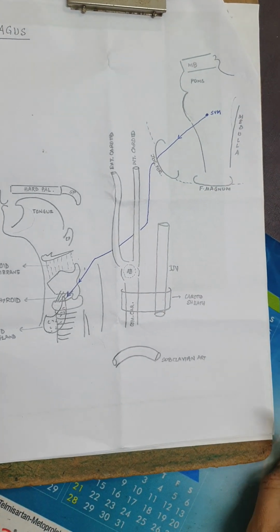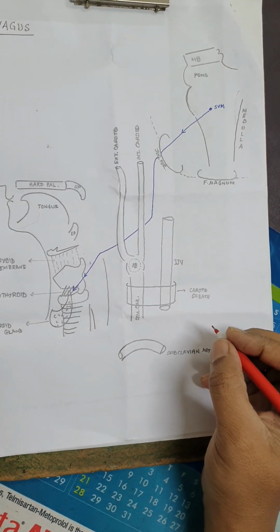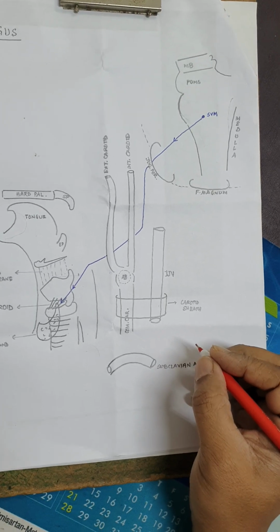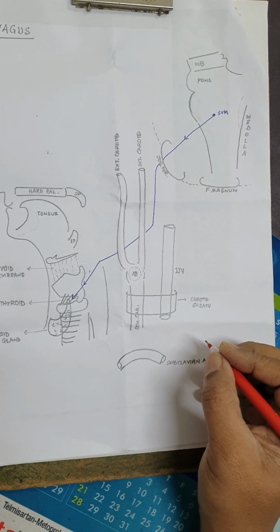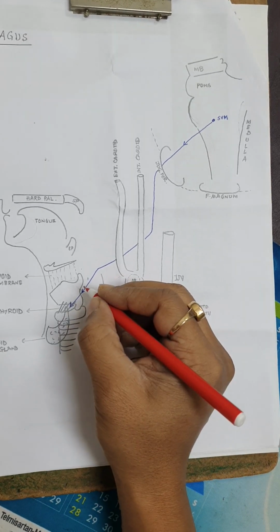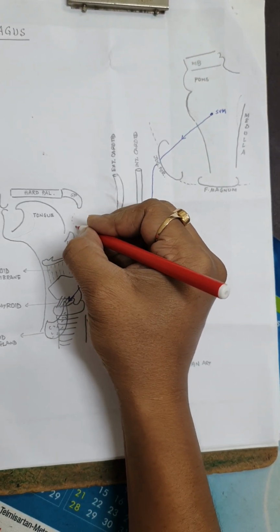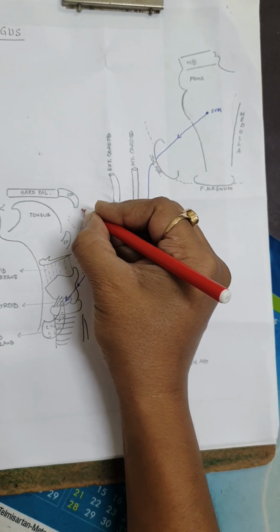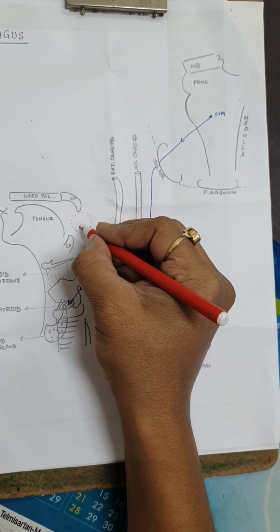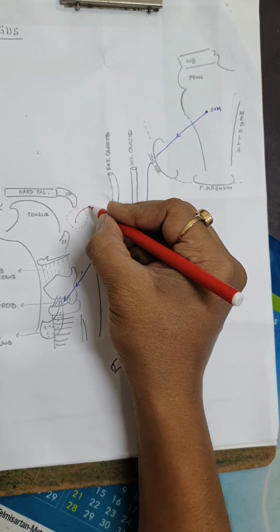Next one is the fiber that carries the taste sensation. Taste sensation from the wall of the pharynx. Here we are having the pharyngeal plexus. The sensory fiber is going up.